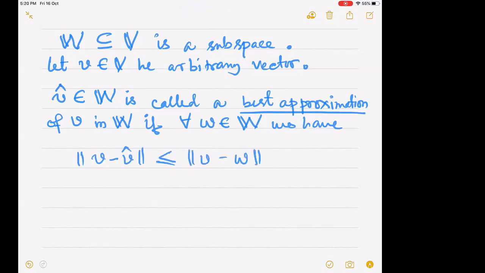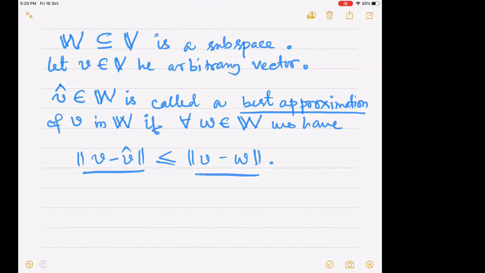Quite intuitive, right? The definition says that a vector in the subspace W is called a best approximation if for every vector in W this length is less than or equal to this length.